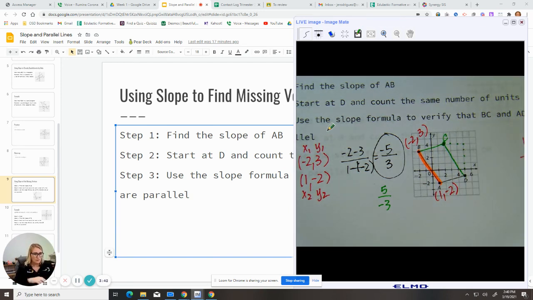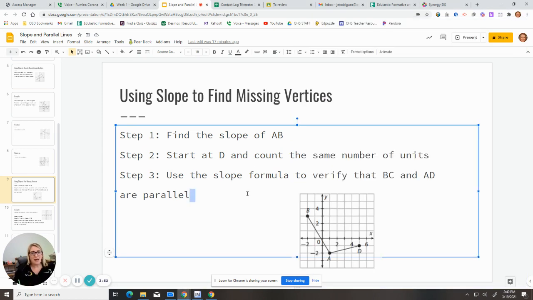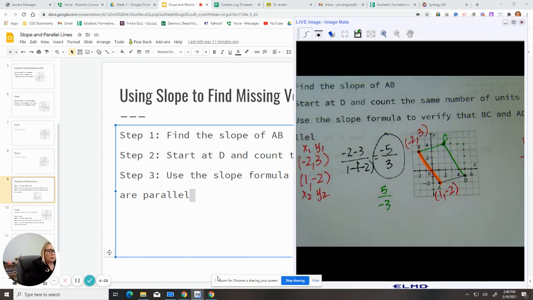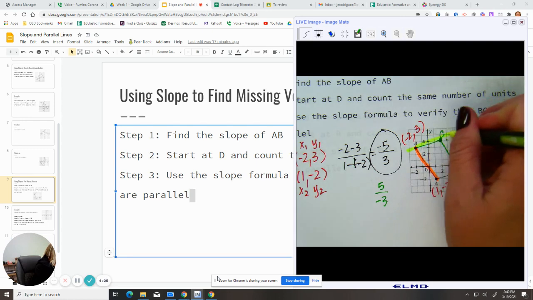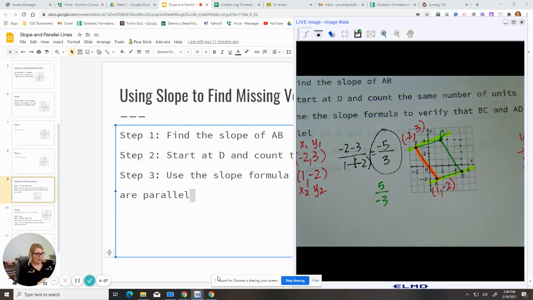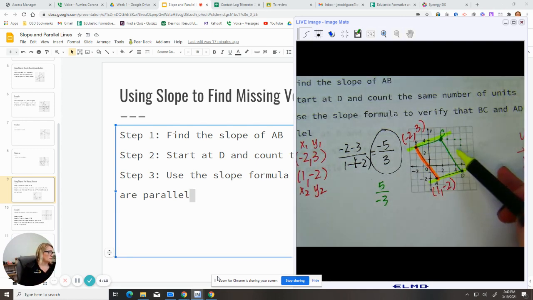Okay? So again, you might have to tweak your slopes at the very end to be able to make it fit where your point needs to go. So the last step is to prove that where you just put that makes there be parallel lines. What that means is we need to prove that this line and this line are parallel. We know that these 2 lines are because we just made them be because of that. So the last thing we have to do is figure out if the last 2 are going to be.